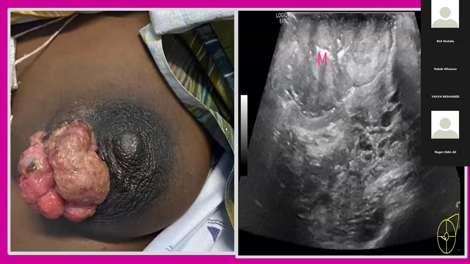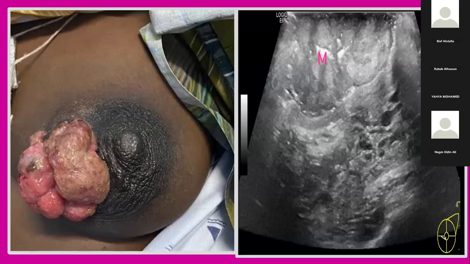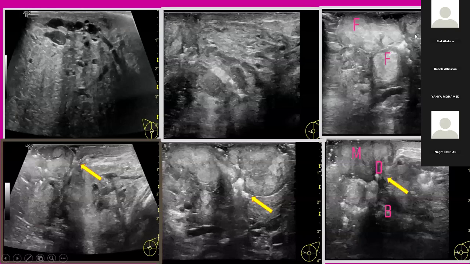Our ultrasound here demonstrates this mass, but it is strange. That mass is well delineated posteriorly here. It is lobulated, and it seemed to be like swollen fat lobules. Can you see the fat lobules here within the mass? These are the fat lobules.